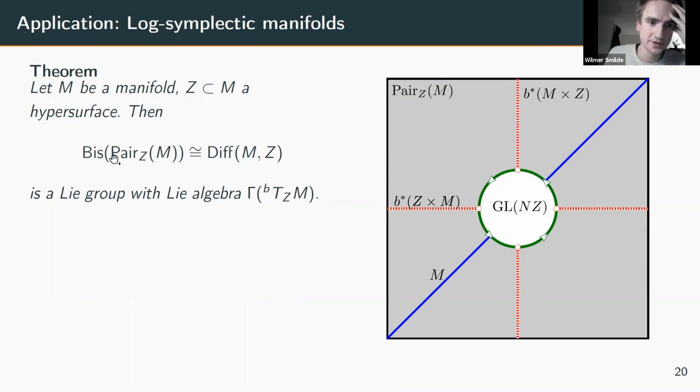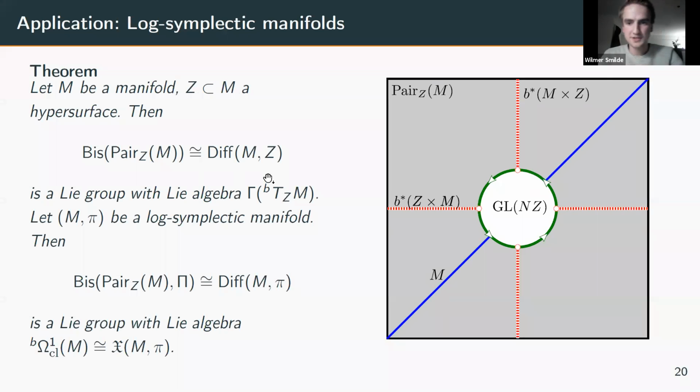Therefore you can identify the bisections of this log pair groupoid with diffeomorphisms preserving Z. And using the Lagrangian neighbourhood theorem in the right tubular neighborhoods, we can pick out the coisotropic bisections. And these coisotropic bisections exactly correspond with the Poisson diffeomorphisms.